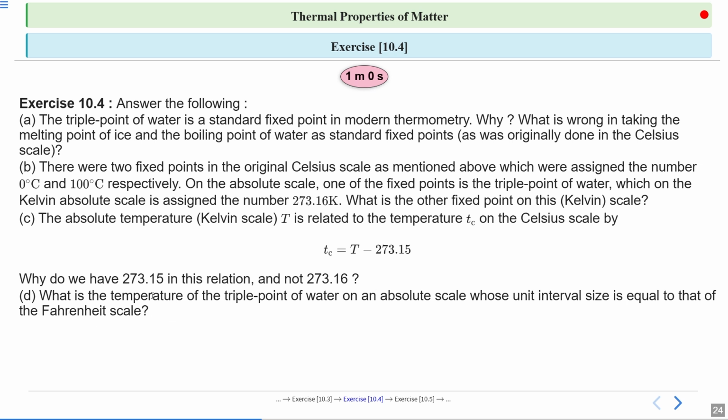So there are 4 questions and you have to find out the answers to these questions.